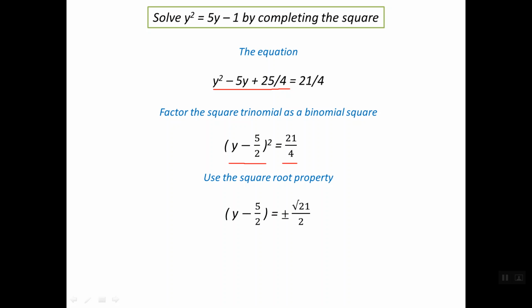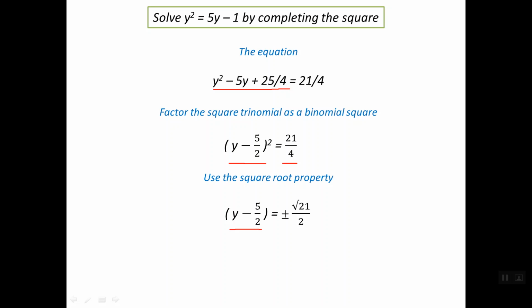So the square root of the left side is y minus 5 over 2. And the square root of the right side is plus or minus the square root of 21 over 4.